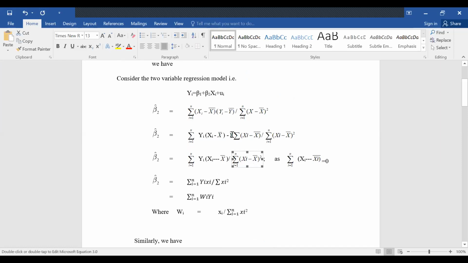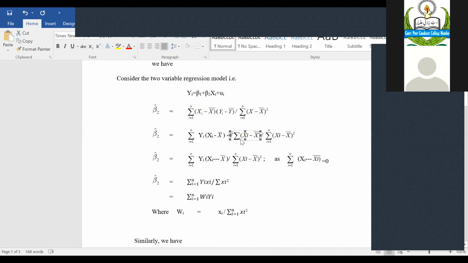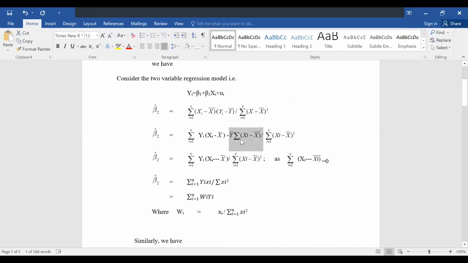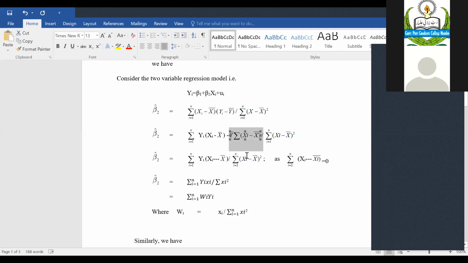So this term will be equal to 0 because summation (xi minus x bar) is equal to 0.